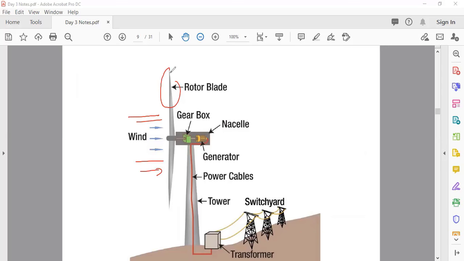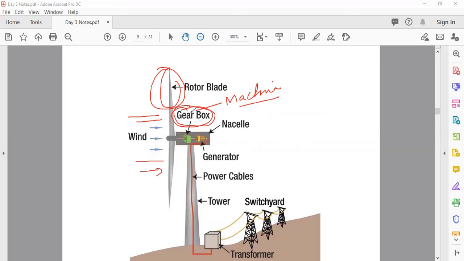You feel that their rotation is very slow, but this rotation is increased by using a gearbox. Gearbox is a machine which will increase the rotation. You know the bicycle which has the gears, and by applying a small force, they move really fast.